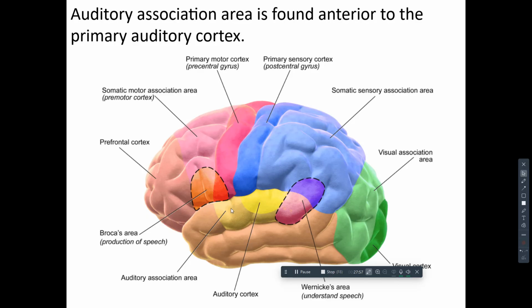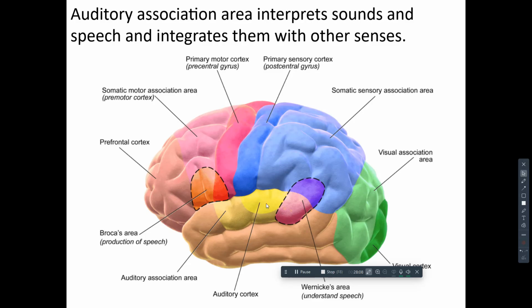Nearby, I've got my auditory association area, sort of in front and beneath my major auditory cortex there. That association area is where I'm interpreting sound and speech, integrating them with other senses, and starting to determine what exactly I'm hearing.